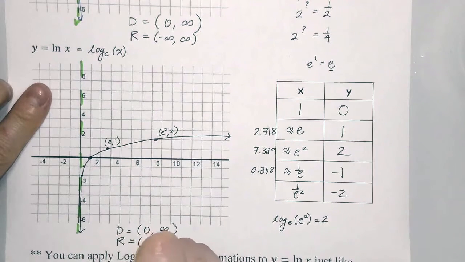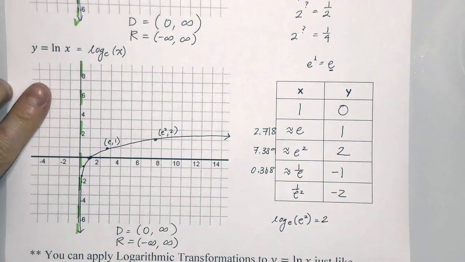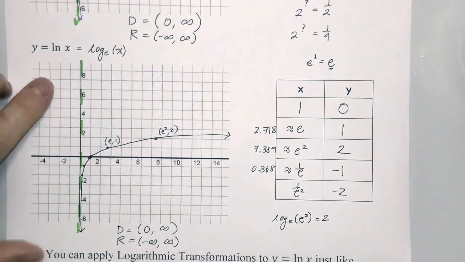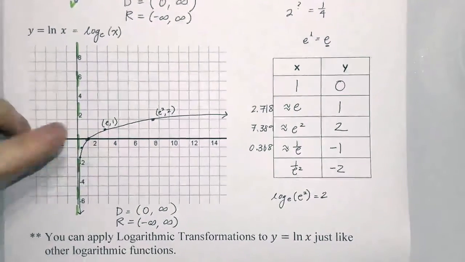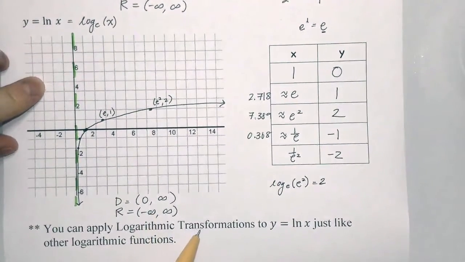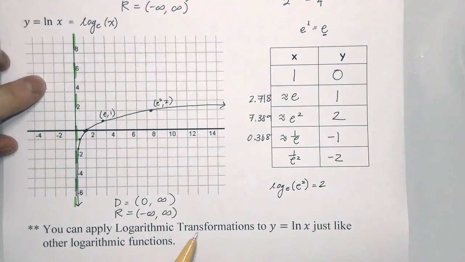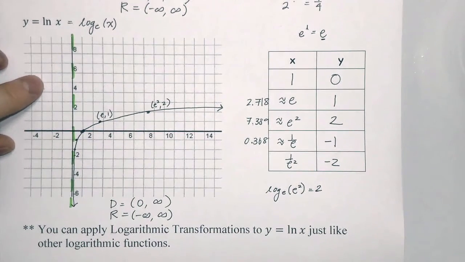And the range will be negative infinity to positive infinity, or all real numbers. Okay? So if you were to graph its transformations, with shifts left and right, up, down, you can apply the same transformations to natural log just like all other logarithmic functions. Just keep that in mind, okay?